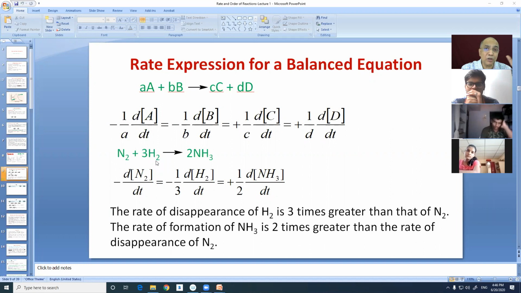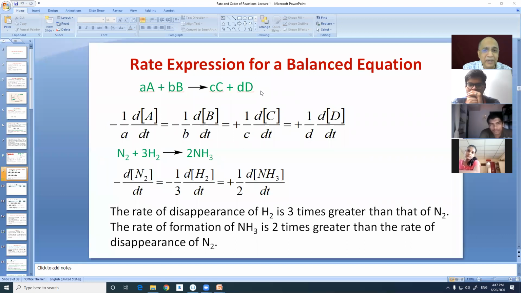Therefore, in order to make the rate expression uniform with respect to all reactants and products, this is the method. If it is a reactant, put a minus sign, dA by dt, and put the coefficient as 1 by a. Small letters are taken as coefficients and capital letters are taken as the reactants and products.